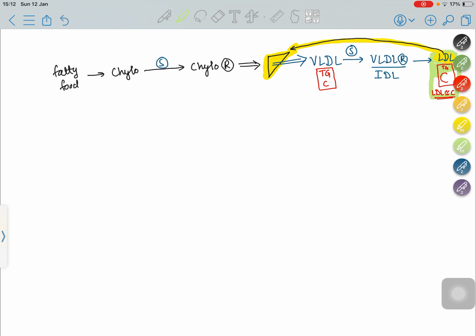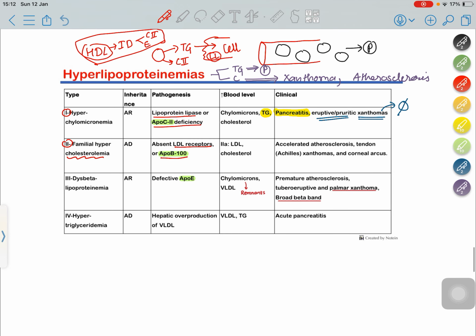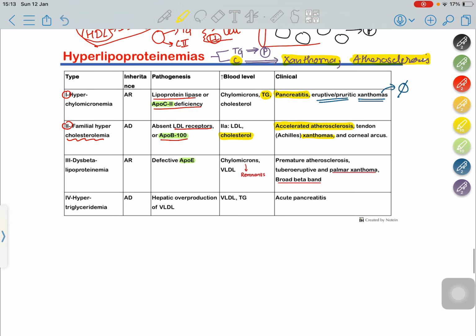And the accumulated LDL is almost like accumulation of cholesterol. So here we can see that there is a very high level of cholesterol, and according to our rule, whenever there is high cholesterol there would be atherosclerosis and xanthoma. So here we can see that there is severe accelerated atherosclerosis and xanthomas.